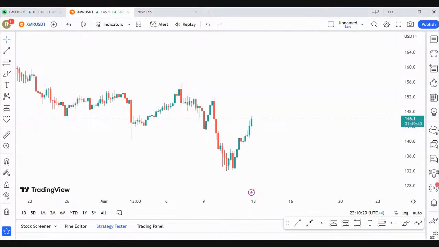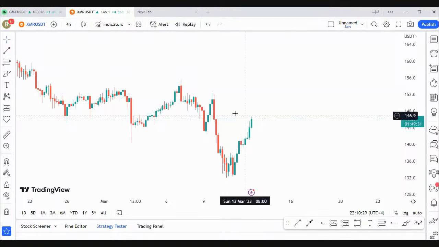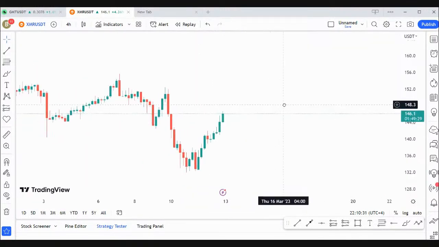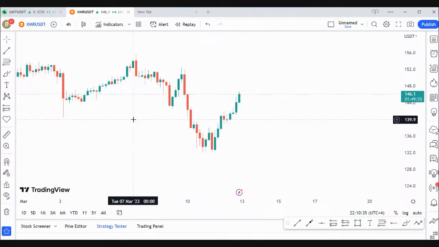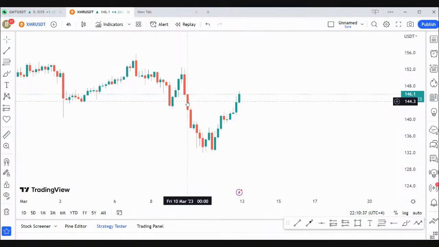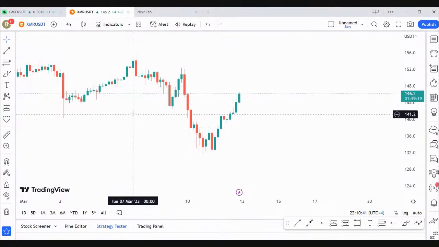FVG is a fair value gap, and it is a trading strategy, an ICT trading strategy. Then this ICT trading strategy is being used to plot entries.